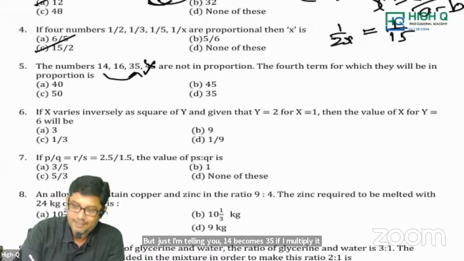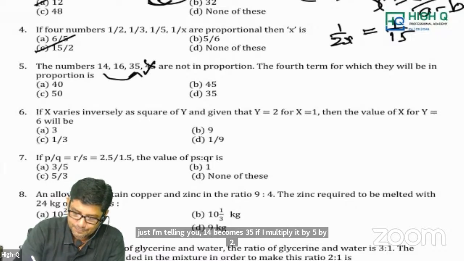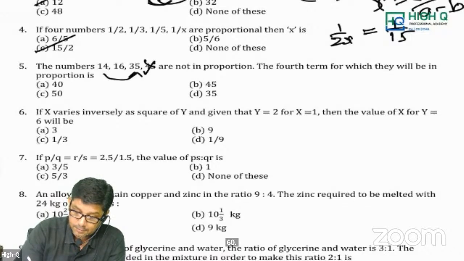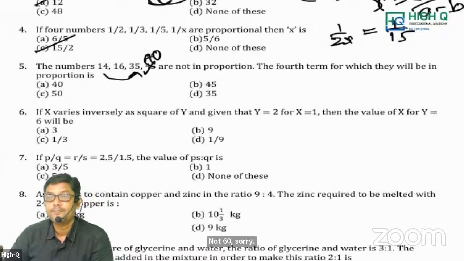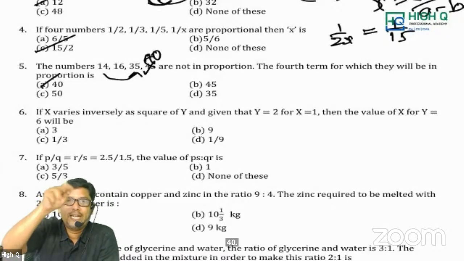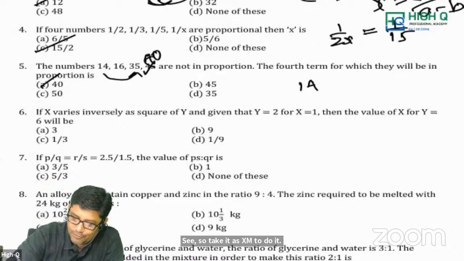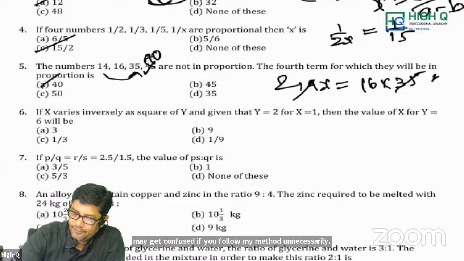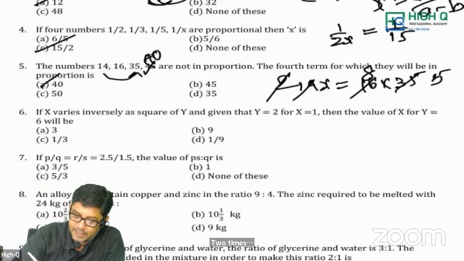So 16 will become 60, not 60, sorry, 40. Take the 45 as x and do it, that is the best method. Don't follow my method, you may get confused unnecessarily. 8 5s are 40.